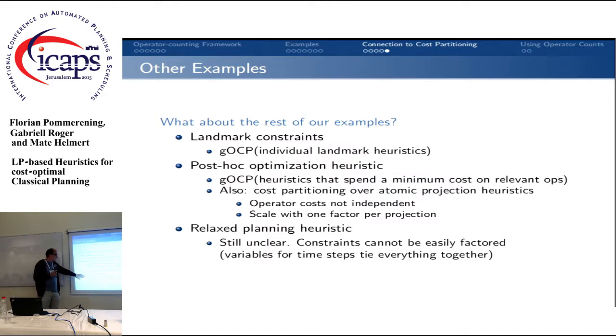So for the relaxation heuristic, it is unclear how to group these things into individual groups of operator counting constraints, because the variables that depend on time steps kind of tie everything together. And it's hard to find ways to cut this into parts.